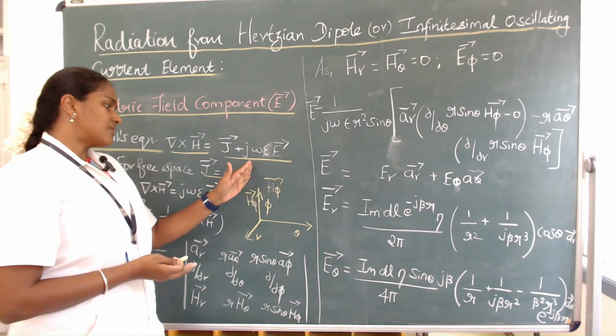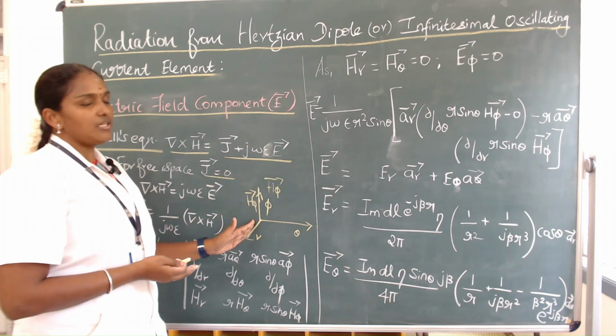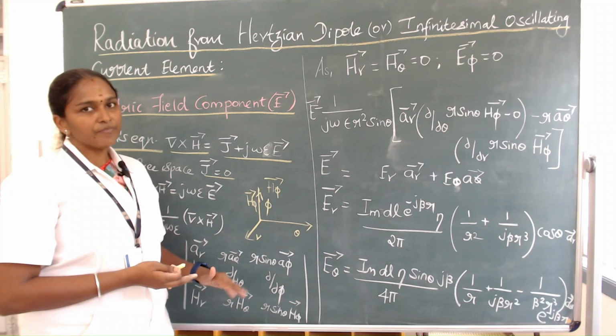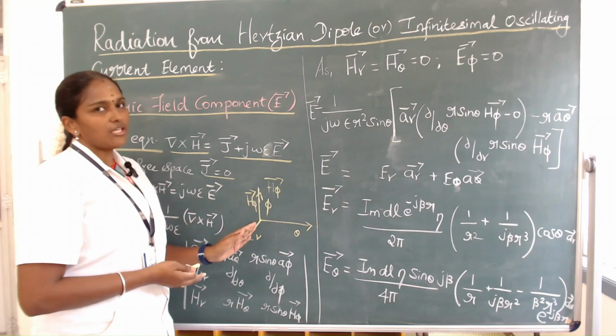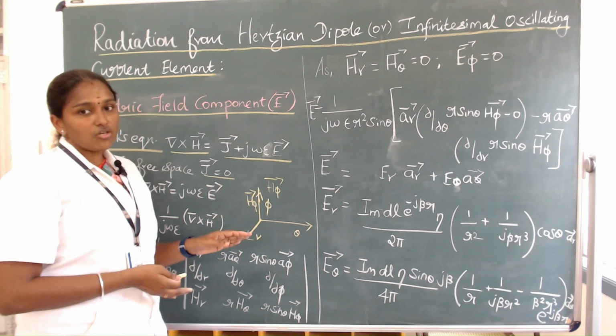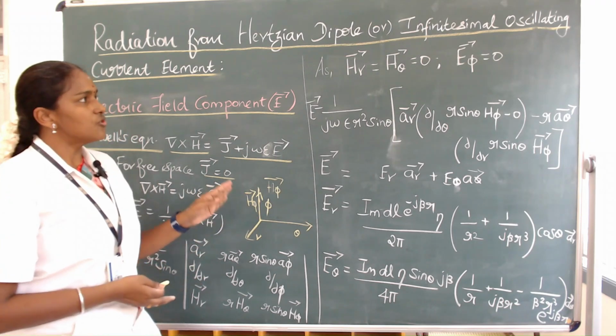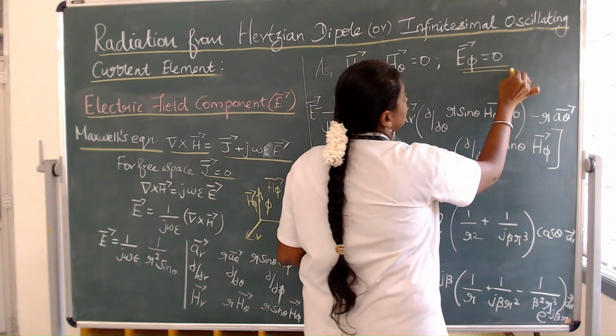So if the magnetic field is present here, the electric field will be orthogonal to it and will not be present in this particular φ direction at all. So E φ will be 0.